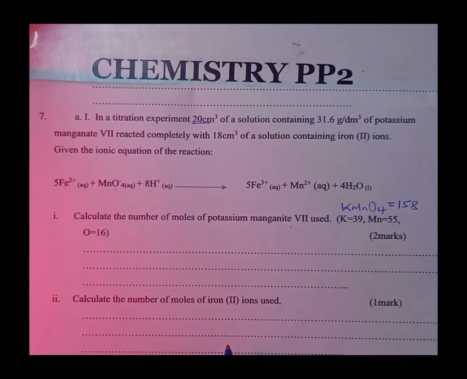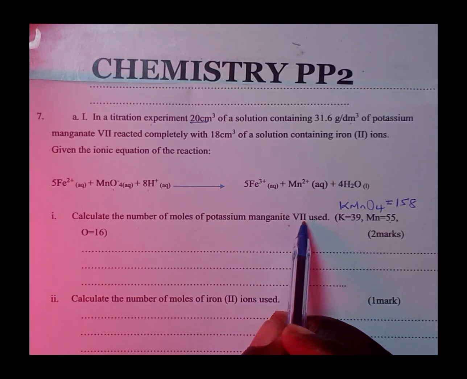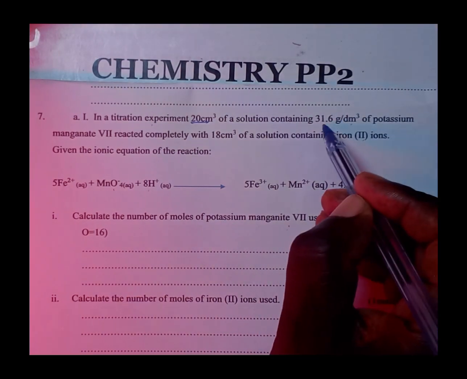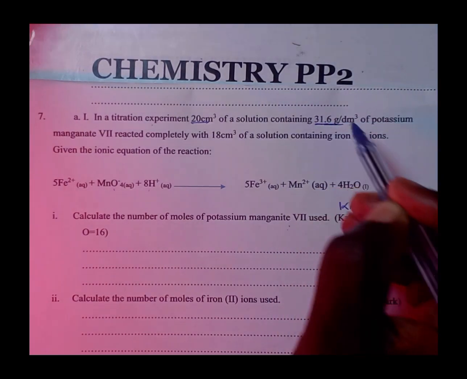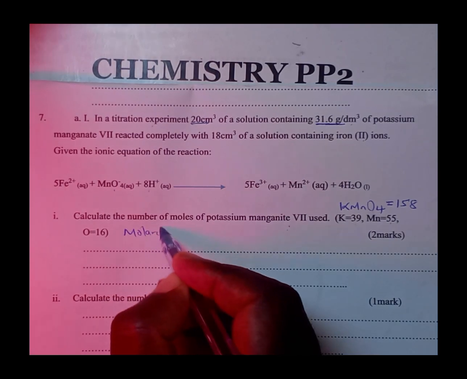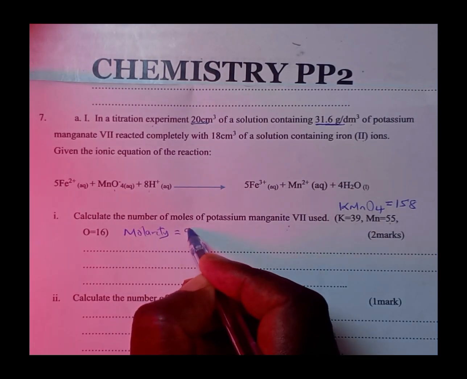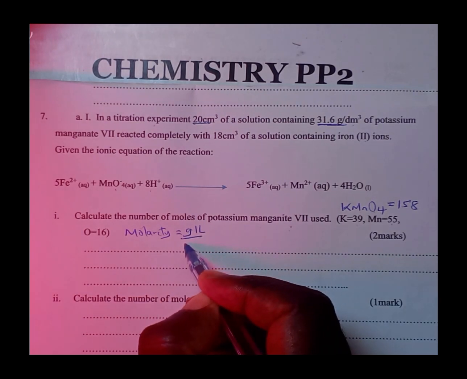Once we have that, we are supposed to calculate the number of moles of potassium manganate(VII), and we have been given the number of grams that were dissolved in 1 liter. From here we can first get what we call molarity. Molarity is given by taking the number of grams per liter and dividing by the formula mass.